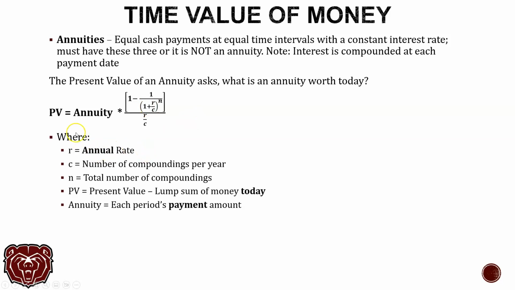Okay. So again, I've listed everything out for you where PV is your present value. That's the lump sum of money you would have to invest today. Okay. And I will tell you this. In most financial calculators, your present value will need to be negative, or it will return a negative value for you as your present value. The reason for that is you need to think of it as, what do I need to give up?